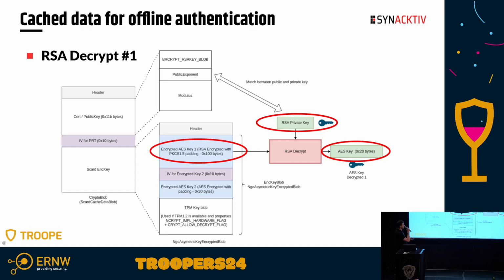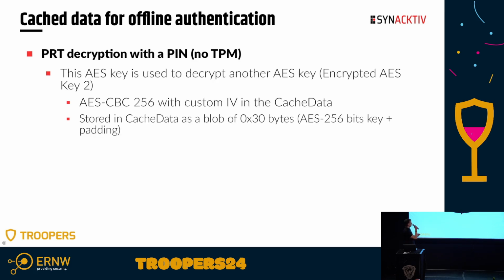We will decrypt it, and we will get a first AES key. Then we will use this AES key to decrypt a second AES key. To do that, we'll do an AES CBC decrypt, and we will use a custom IV, which is stored in the cache data file. And the input of this operation is the encrypted AES key, which is also stored in the cache data file.